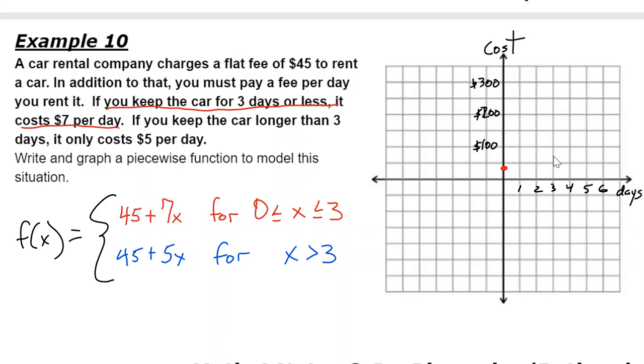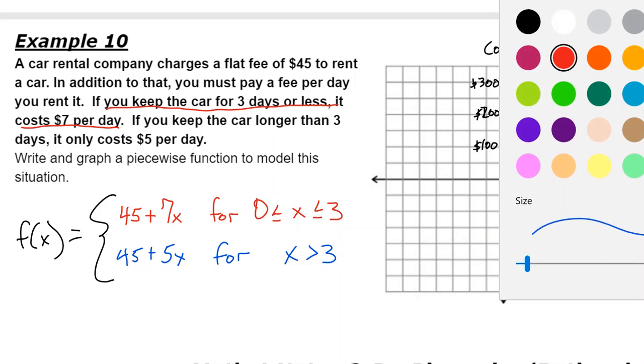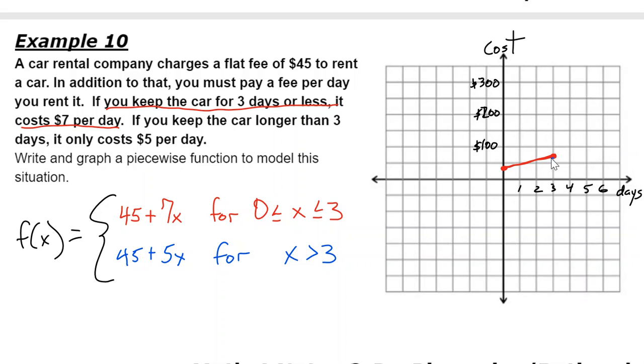So at the end of 3 days, we should be at about there. Still not a very wide scale, so it's kind of hard to tell. But once we start doing here, we would say 3 times 5 is 15, plus 45 is 60. That's actually less than the 66 that was right here.